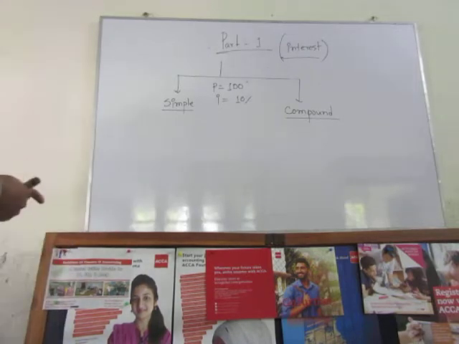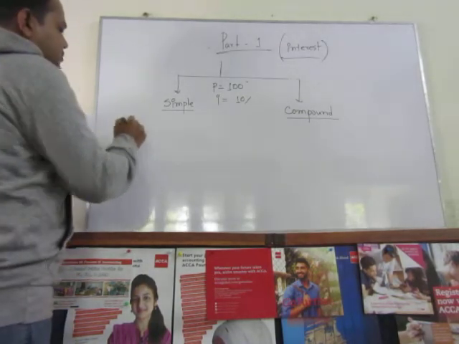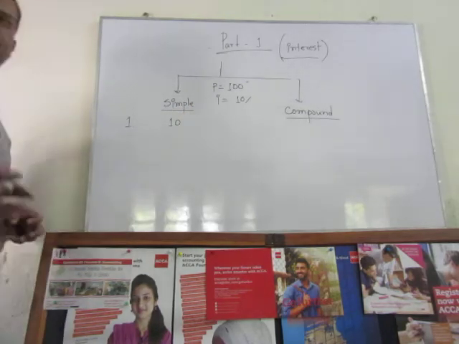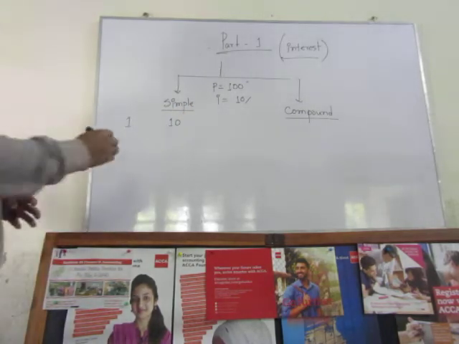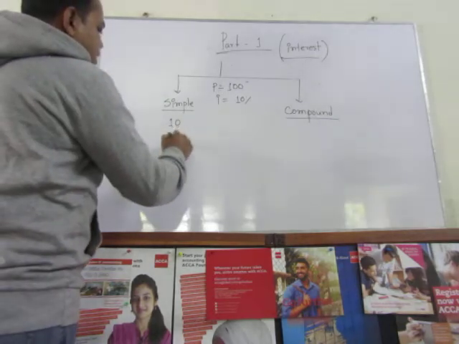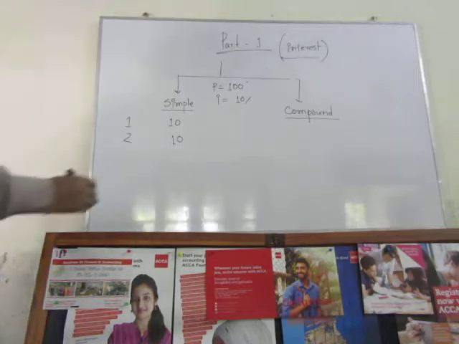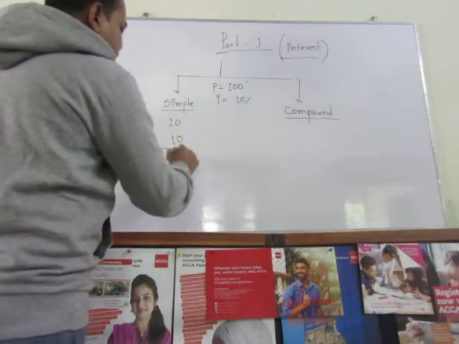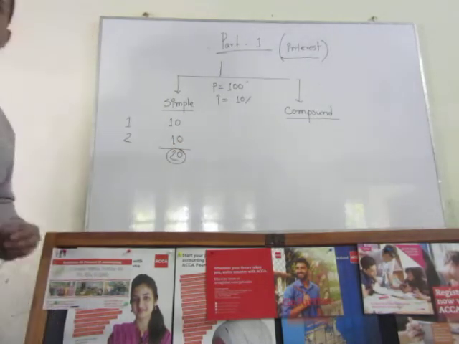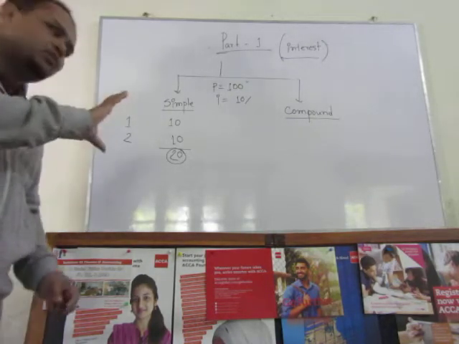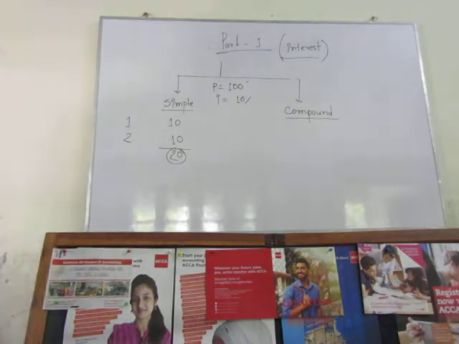For example, in year 1, the interest will be $10, 10% of 100. In year 2, the interest will be $10 again. If you sum up these two, you will get the 2 years' total interest in the case of simple interest. So we can make some rules, some formula.